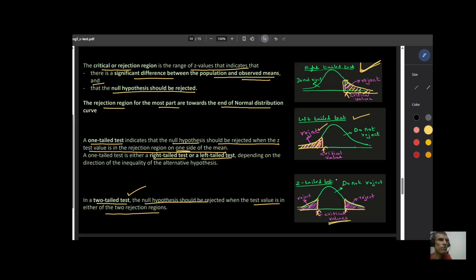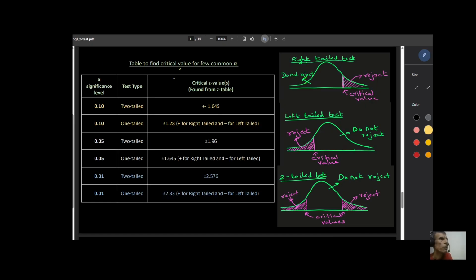Now comes this question: how do you find these critical values? How do you determine them? For the most part, your alpha would be given as one of these numbers. These are your common alpha values.